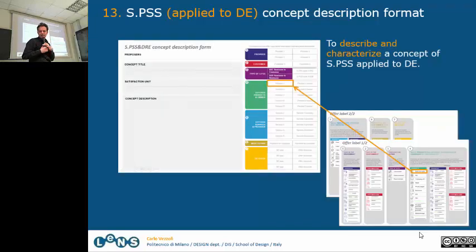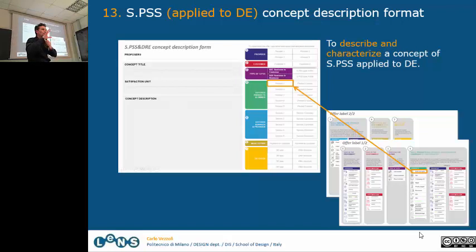We have even, and you will use it, the SPSS, in this case applied to the A, so we have defined, declinated this and added something, to make it better used when you have to design a distributed economy. So there are some issues that help you to do this.